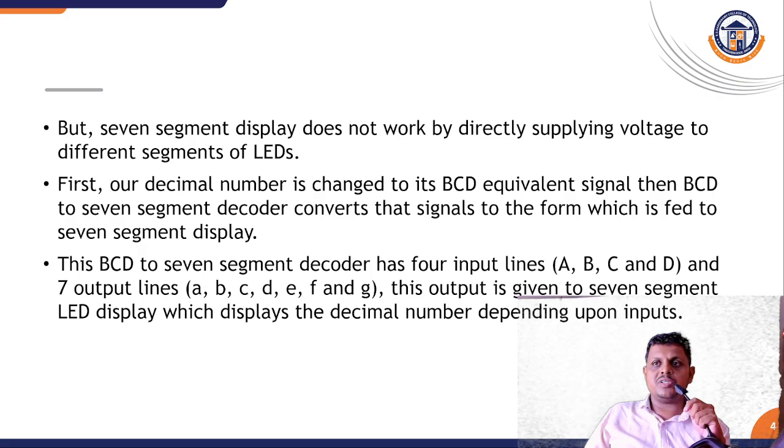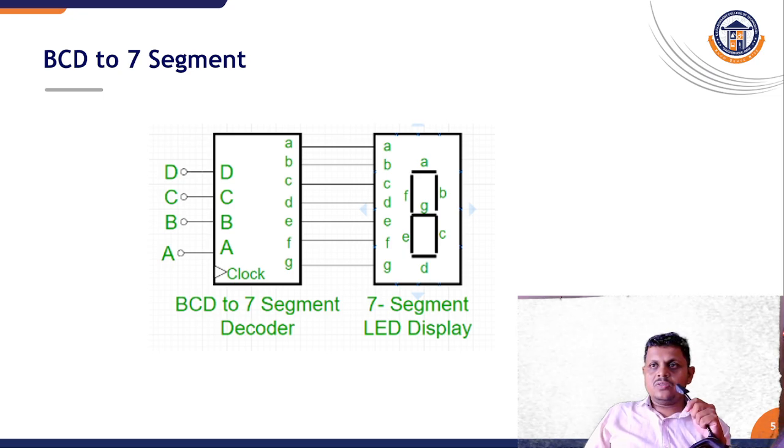What are the inputs? For example, ABCD value 0000, and we access the A values and B values like that. Based on the 4 input values, whatever binary values we give, it produces the output based on the given input values. So this is a general BCD to 7 segment converter decoder.